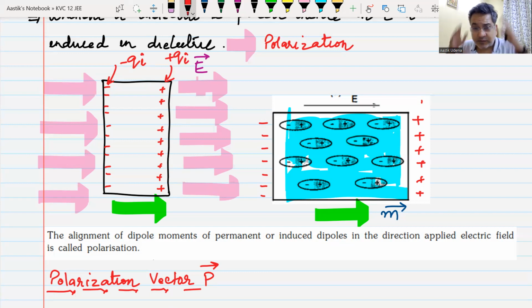So the charges which appear on the outer surface of the dielectric are known as the induced charge.